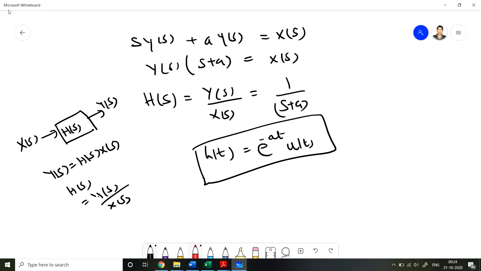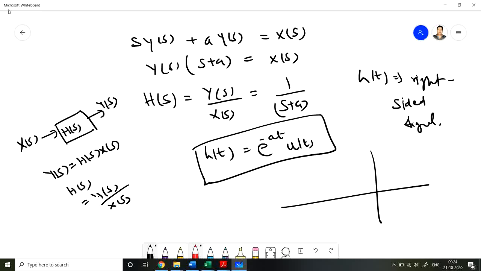because we consider the system to be right sided. The impulse response is basically a right sided signal. If nothing is given, then please consider the signal as a right sided signal.